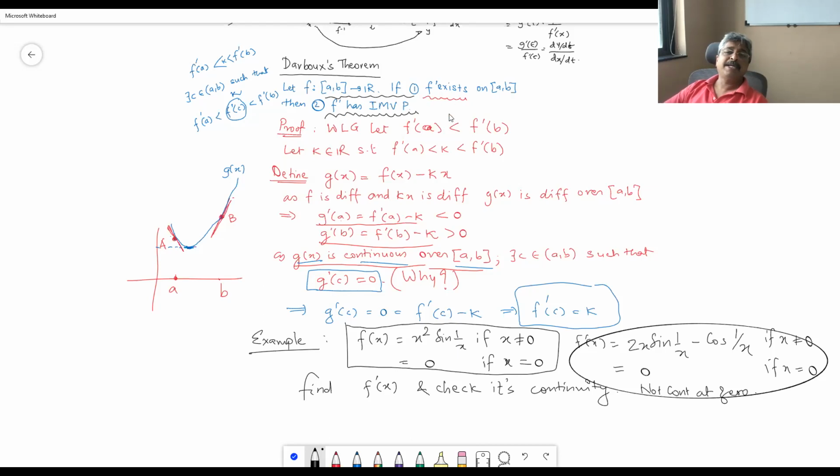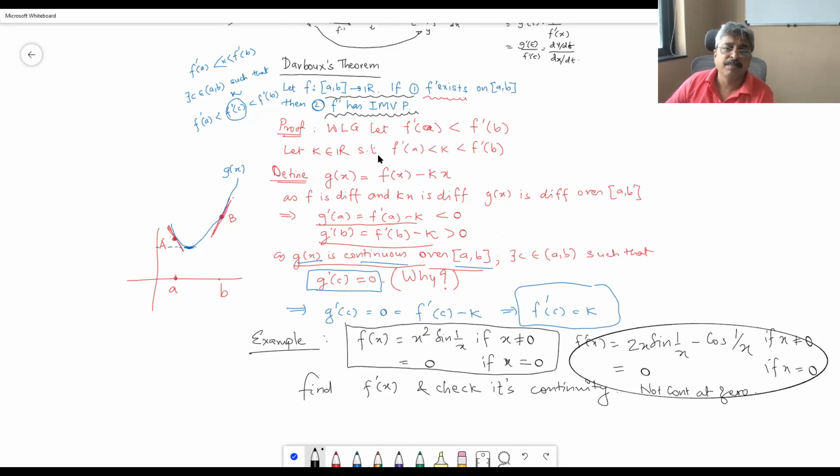And the basic trick of why it works is because if a function is continuous over a closed and bounded interval, then it is bounded and it attains its bounds. That was the basic theorem which we did, a property of continuous functions, which helped us to get the IMVP property.